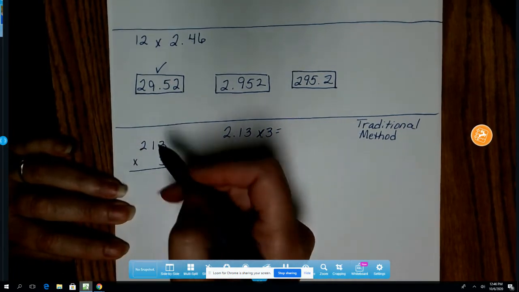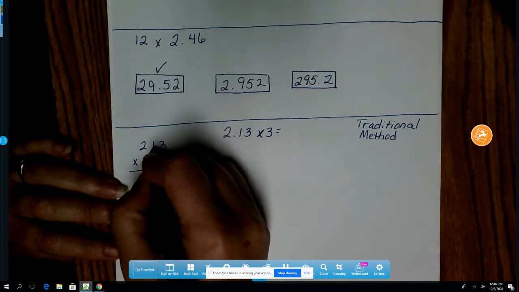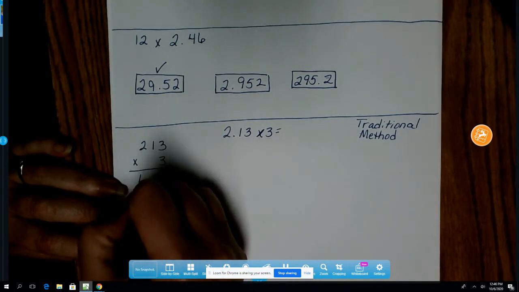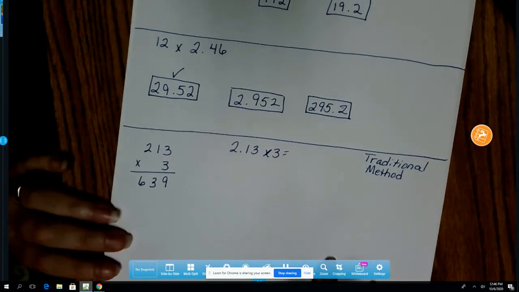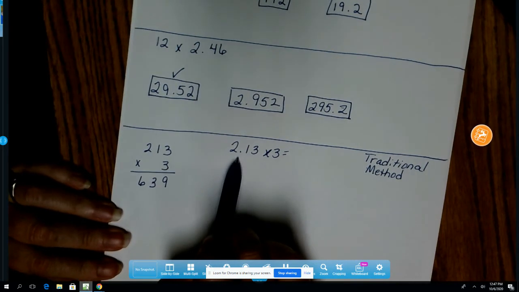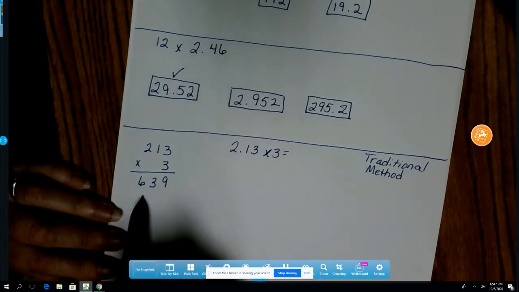So 3 times 3 is 9, 3 times 1 is 3, 3 times 2 is 6. So I have 639 here, but I do still have a decimal that's right here. And I need to make sure that I put my decimal in the correct place.